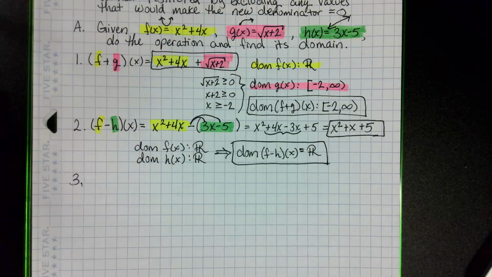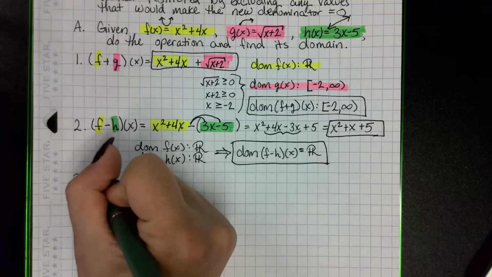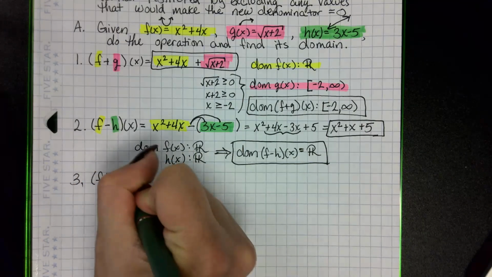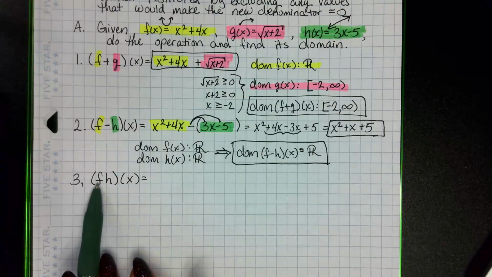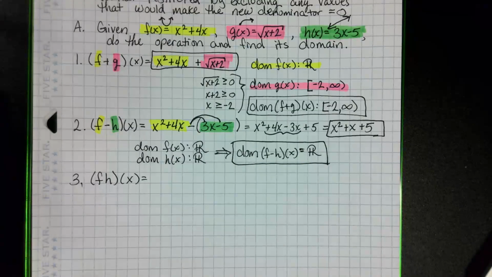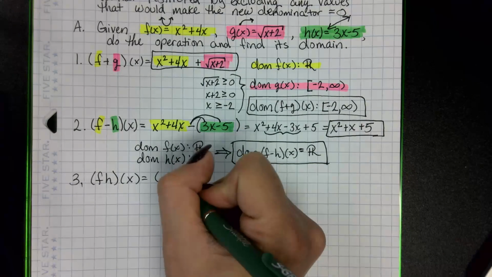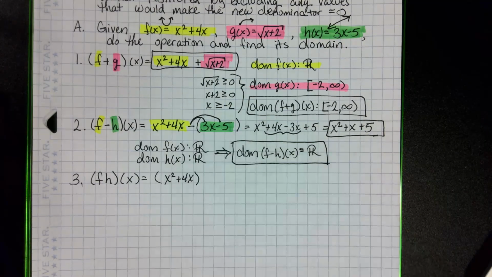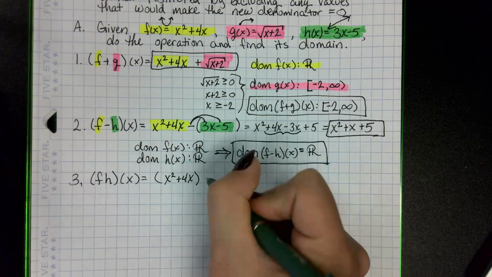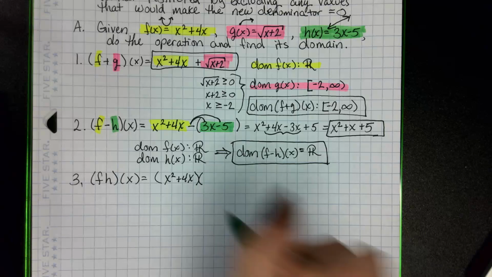So next is multiplication. F times h of x. So we're going to do the f function and multiply it by the h function. So in parentheses, I'm going to write the f function, x squared plus 4x. And then in parentheses, I'm going to write the h function, 3x minus 5.